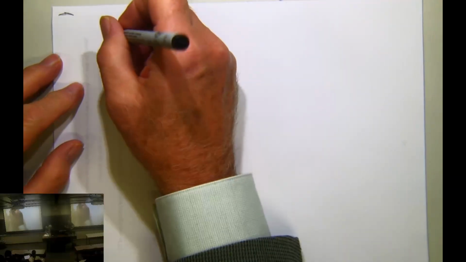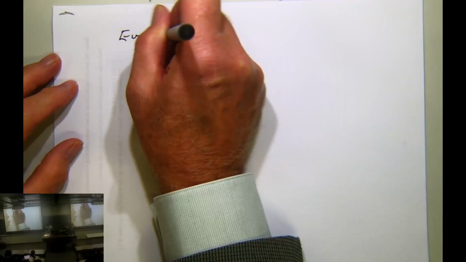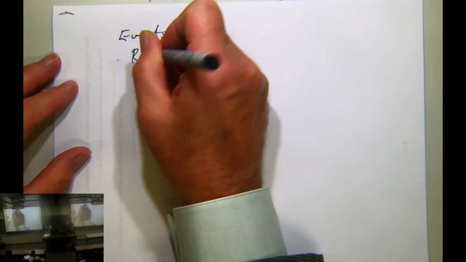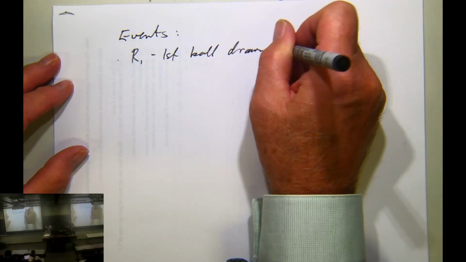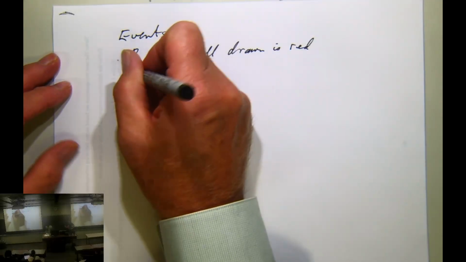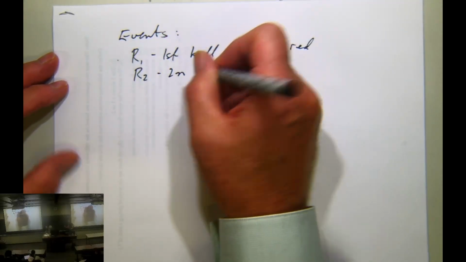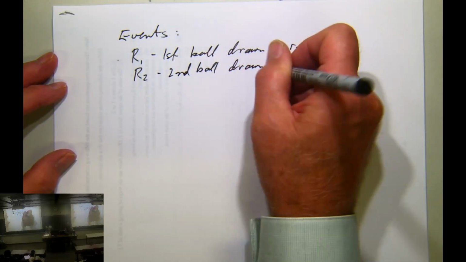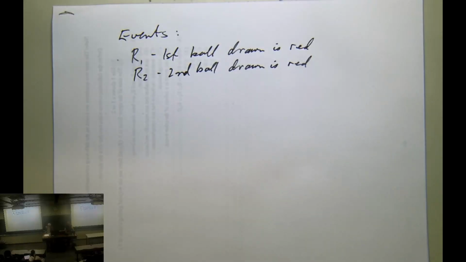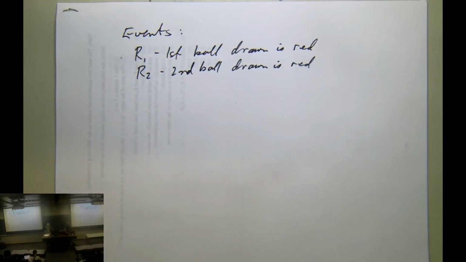And okay, so again, our events. Let's see, what color of pen would we like to use? Well, maybe black. Okay, so our events. And R2 is second ball drawn. And more compact notation. I'm just going to mention the notation a little bit here because we need to always be able to expand our notation.